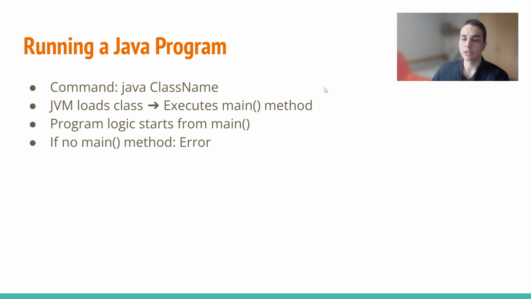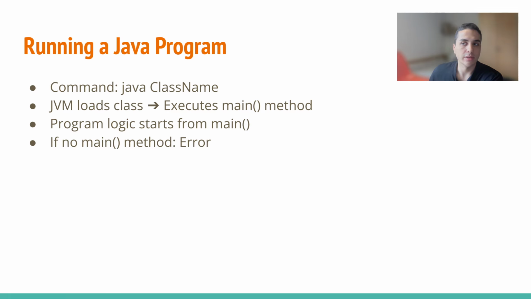To run a Java program, just like I showed in the VSCode, we were running hello world and the main. We are basically saying java and we give it the class name, and then the Java virtual machine looks for the class named whatever class name you gave, for example hello world, and loads it.